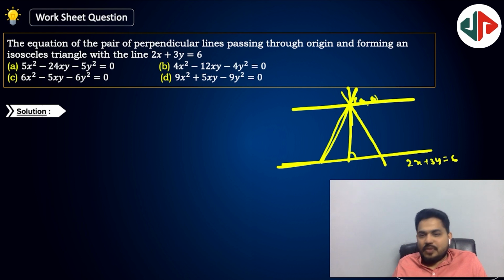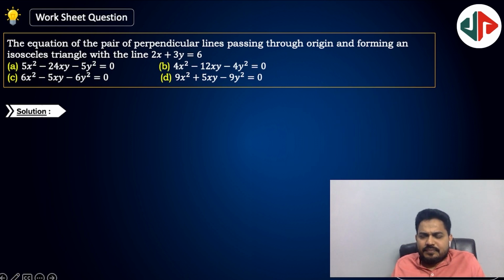This is the line, this, and this is the line. So you may have the triangle. So what you are supposed to do, let me clear once again.